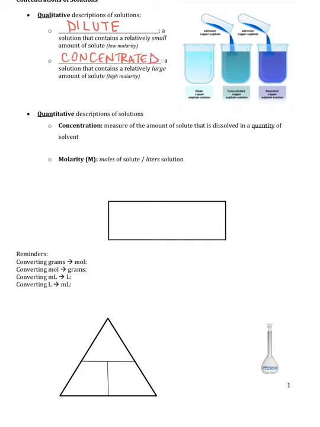You can see just from the picture that it's a little darker. If you have some coffee and you see that it's darker, then you know that it's stronger coffee. That would be more concentrated coffee.